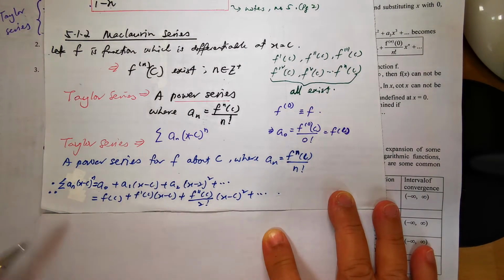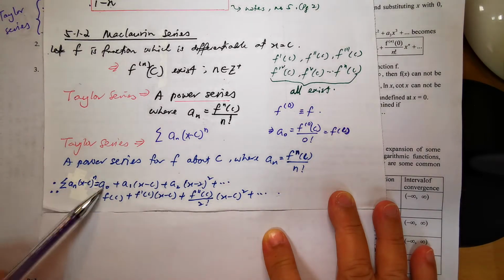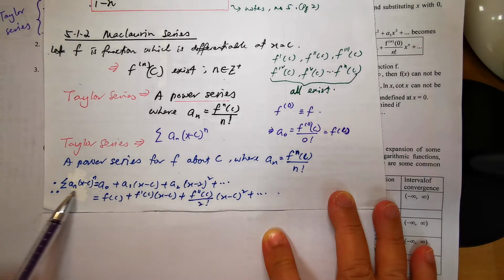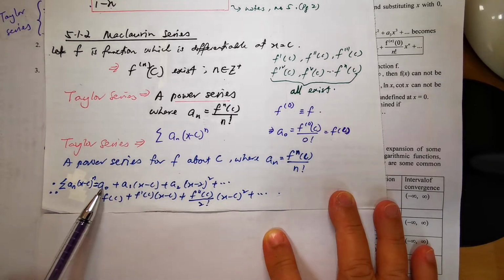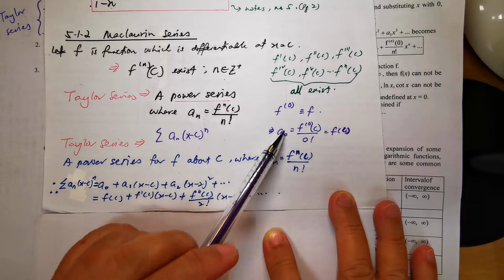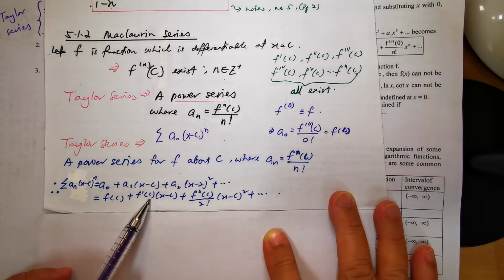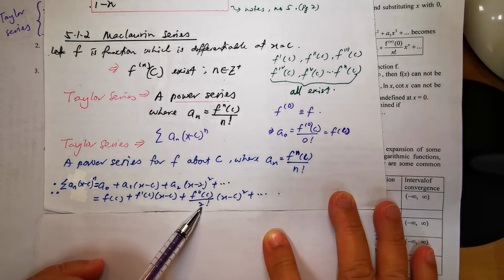Alright, therefore this power series, remember just now at the beginning we have learned, this is a power series that we already simplified just now, right? So by substituting this coefficient, a0 is f(c), a1 is f prime c, a2 is f double prime c over 2 factorial.